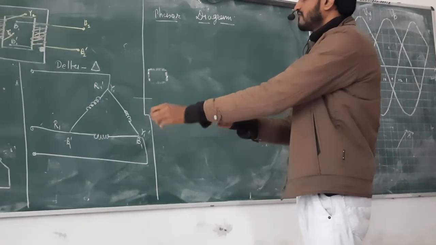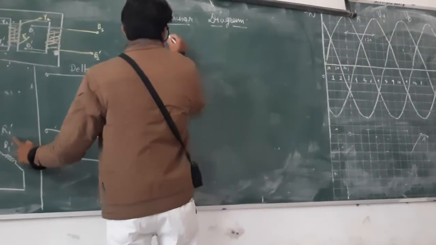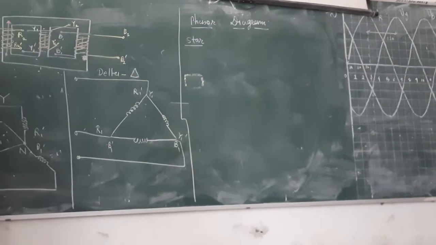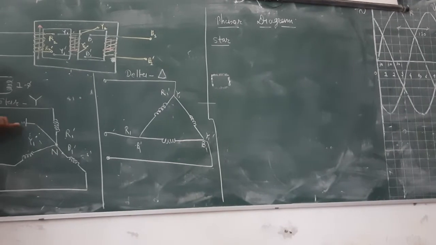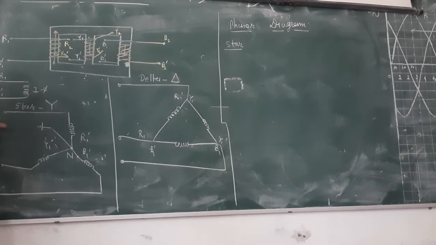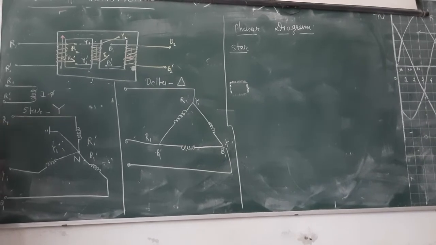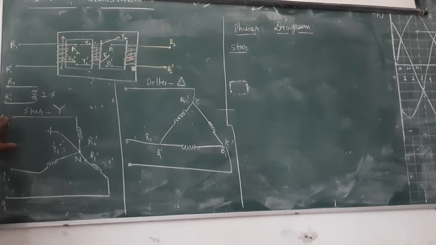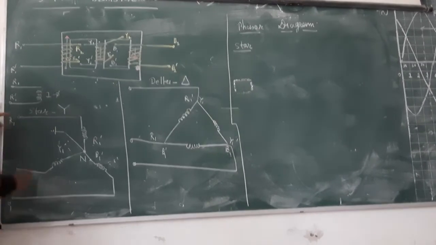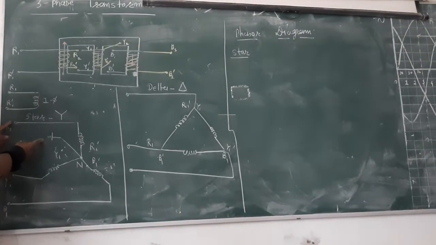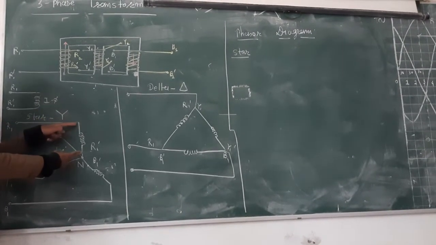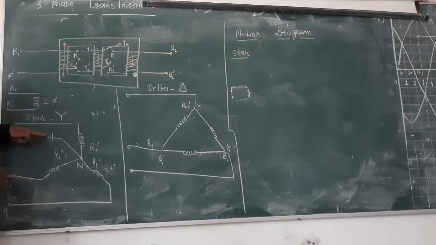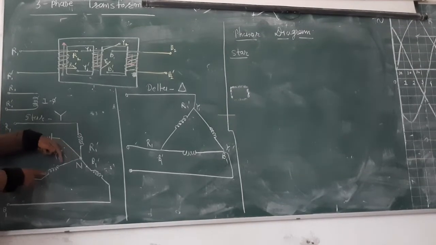So what we are going to do, we have here a three phase supply. So for star connection, here is the neutral. So one voltage source here, another voltage source here, and another voltage source with this winding. So whatever the voltage applied in between these two terminals, actually that is the voltage appearing on this winding. Whatever the voltage applied between this terminal and that terminal, that will be the voltage in this way, from this winding.